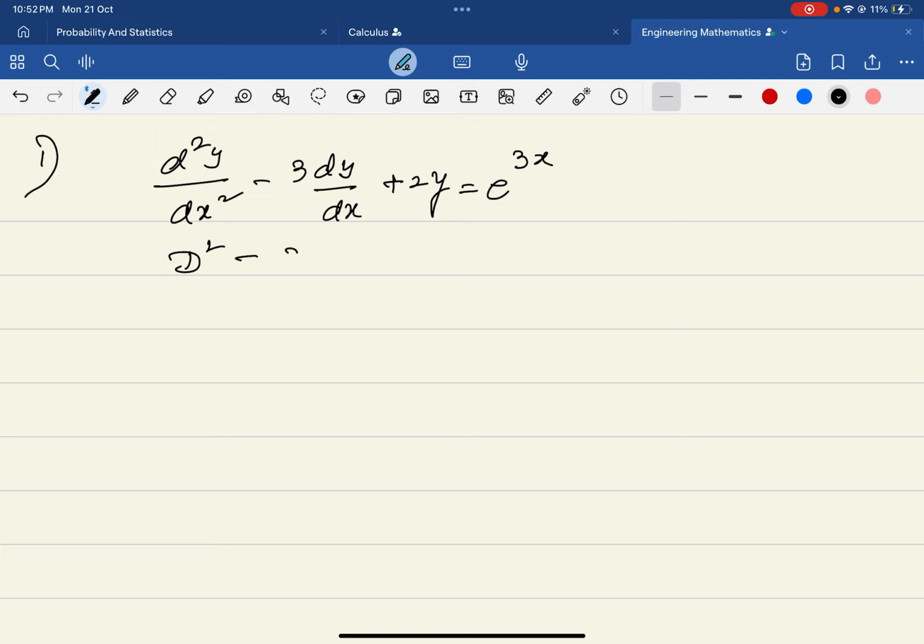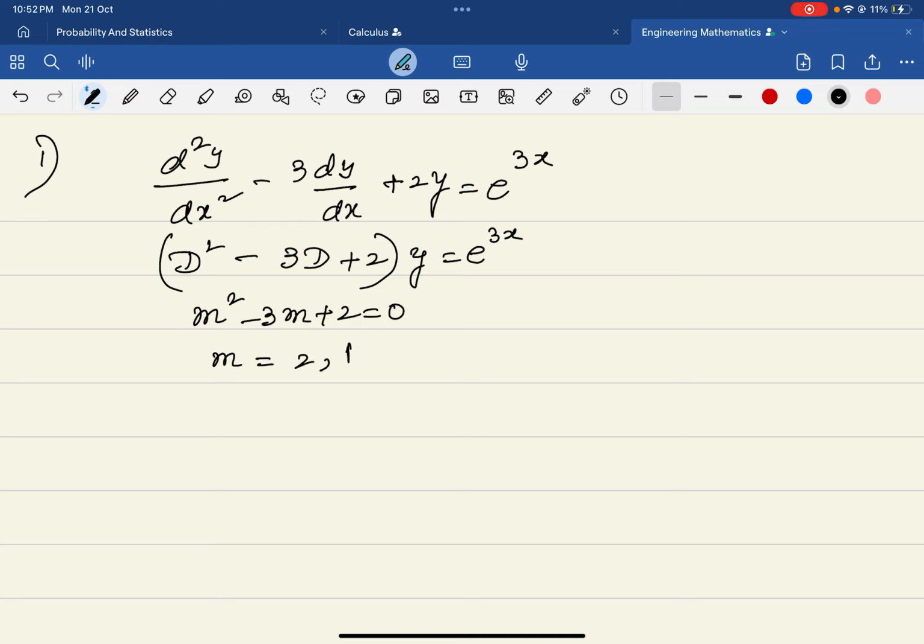So d square minus 3d plus 2 times y is equal to e raised to 3x is your operator form. Then the auxiliary equation is m square minus 3m plus 2 is equal to 0. Now what are the roots of this equation? That is 2 comma 1. Therefore, what is the complementary function? c1 e raised to 2x plus c2 e raised to 1x, which is x. So we got now yc, right?